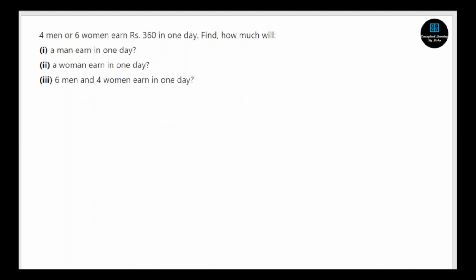Now a very interesting question. Let's understand this. What they are saying is, 6 men or 4 men or 6 women can earn 360 in a day. Now what does it mean? So 4 men can earn 360 rupees in a day.